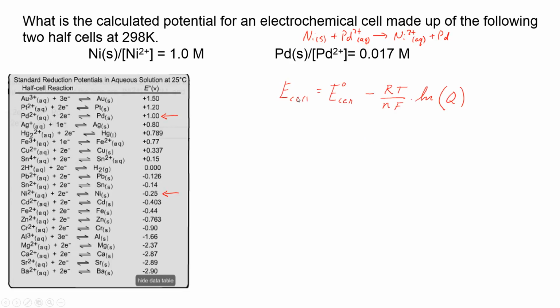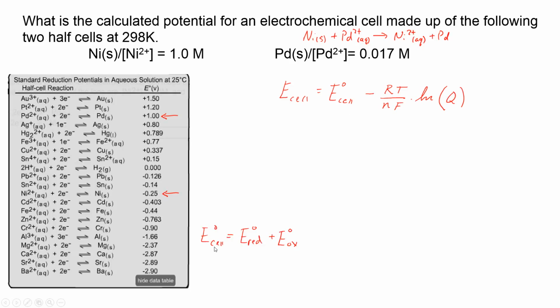So the Nernst equation will be that we're interested in the voltage when things are not 1 molar. It's going to be close to the voltage when the cell is operating at 1 molar, and then we'll plug in what the actual concentrations are. So let's calculate E cell standard.